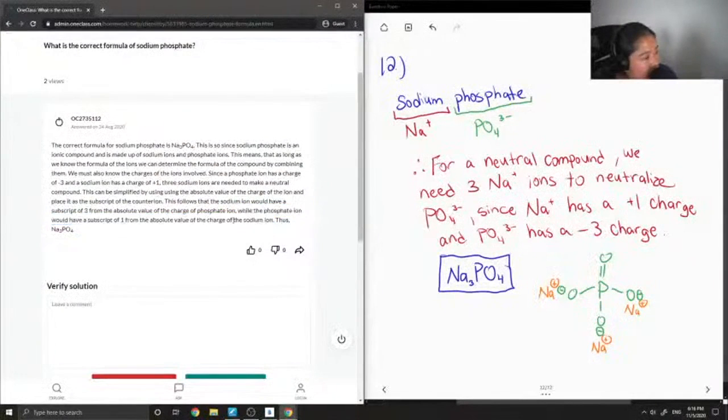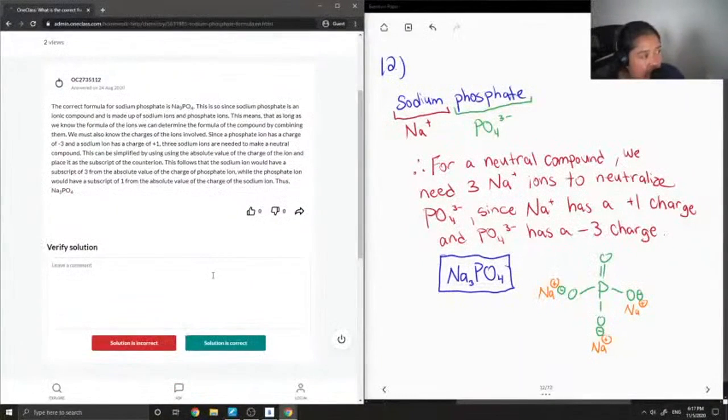So kind of an odd sentence. Thus, Na3PO4 is the formula for sodium phosphate. This solution is correct.